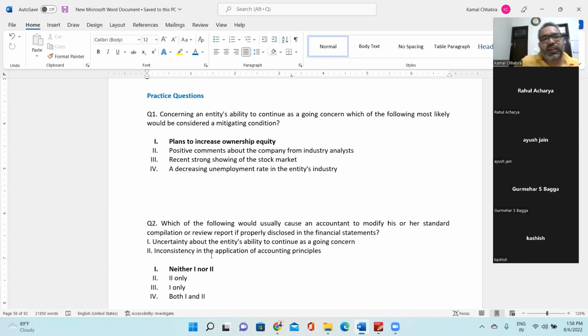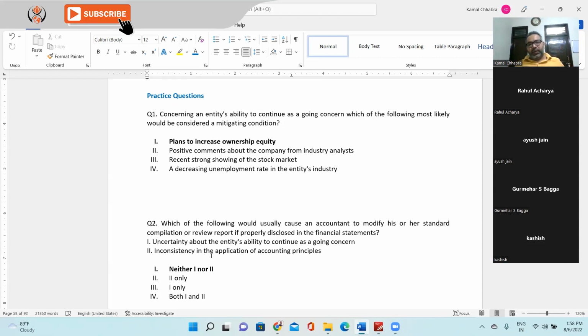Okay, so practice question: concerning an entity's ability to continue as a going concern, which of the following most likely would be considered a mitigating condition? So call of the question is, what is the mitigating condition? First, plan to increase the ownership equity. That means the parent is planning to infuse additional capital.